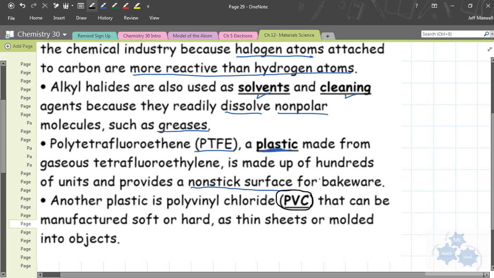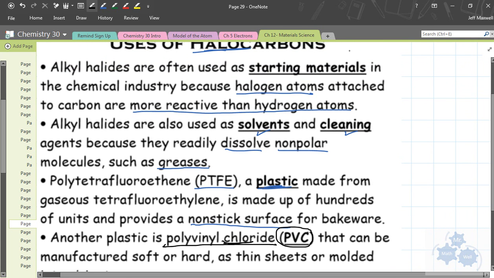PVC piping is found in homes and new homes that are built, usually the white plastic pipes. That's also called polyvinyl chloride. There's chlorine, see, chloro, polyvinyl chloride. Long chains of these things stuck together. So plastic, PVC, solvents, you can just write that: starting materials, solvents, cleaning supplies, and plastic, PVC.